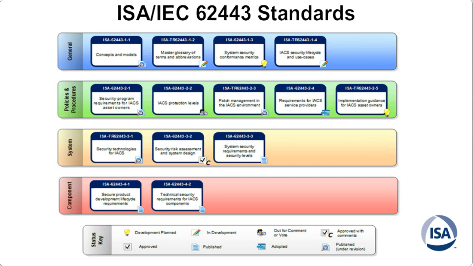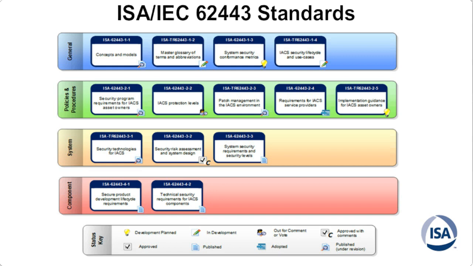And then at the bottom level, there's the 2 standards. They address the security lifecycle for developing products and subsystems that would be used in an automation solution, and also includes requirements for meeting security levels 1, 2, 3, or 4 for the components. And so there's 4 component categories that are defined in these standards.